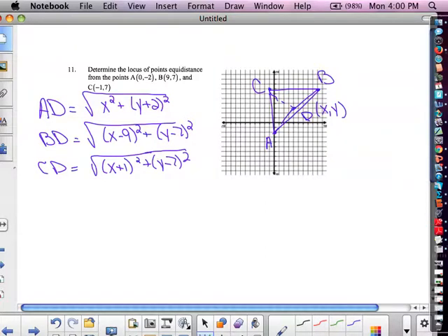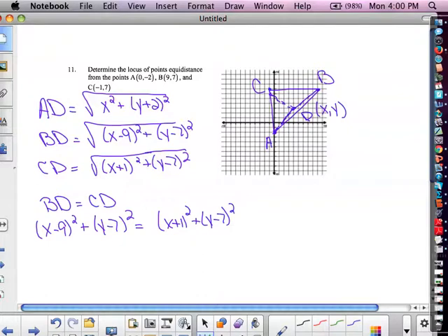So I'm looking at this length, AD, BD, and CD. Now I have to set two of those equal to each other. You can skip a few steps at this point. I want to set BD and CD equal to each other. I know I'm going to square both sides, so I'm just going to skip that step. X minus 9 squared plus y minus 7 squared is equal to x plus 1 squared plus y minus 7 squared. And I chose BD and CD because I noticed that they share that y minus 7 squared.